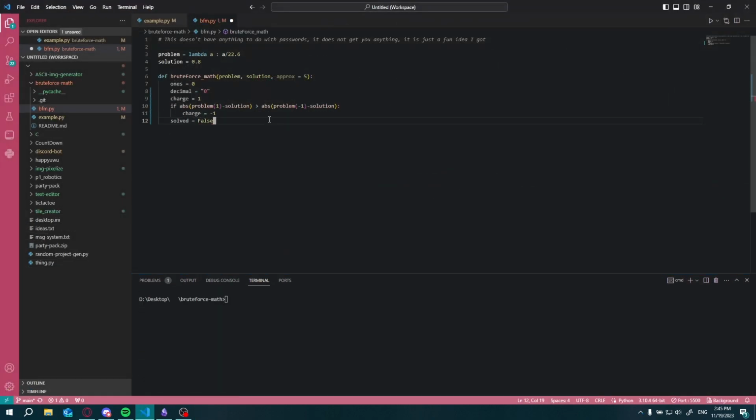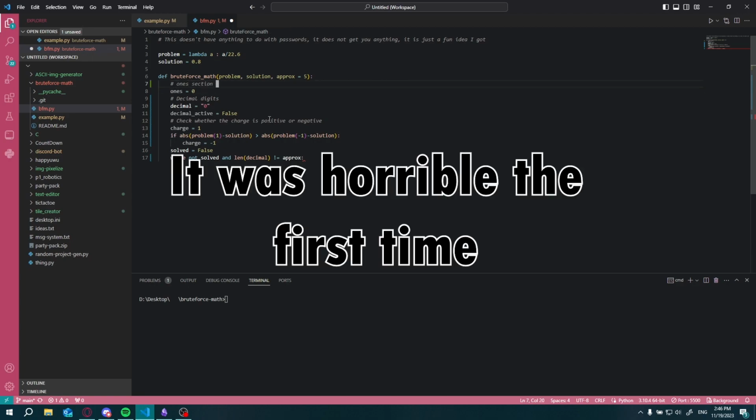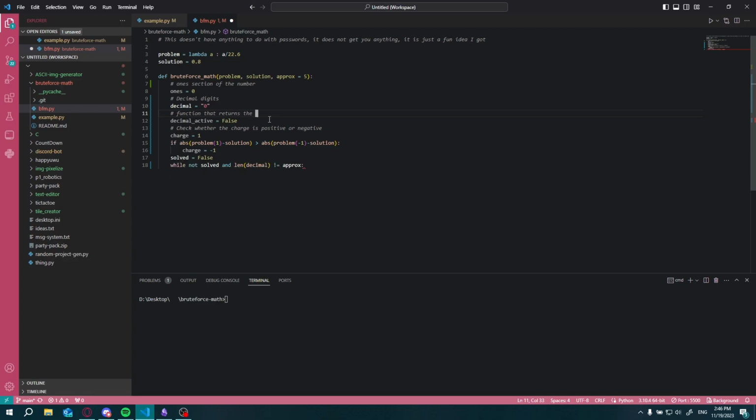So first off, I gotta say that I started the code with some pretty basic function called Bruteforce Math, and also I've already done this code before. I did it like 5 days ago or something, and now I'm here redoing the whole code because it wasn't working very well. So I started with that basic function.